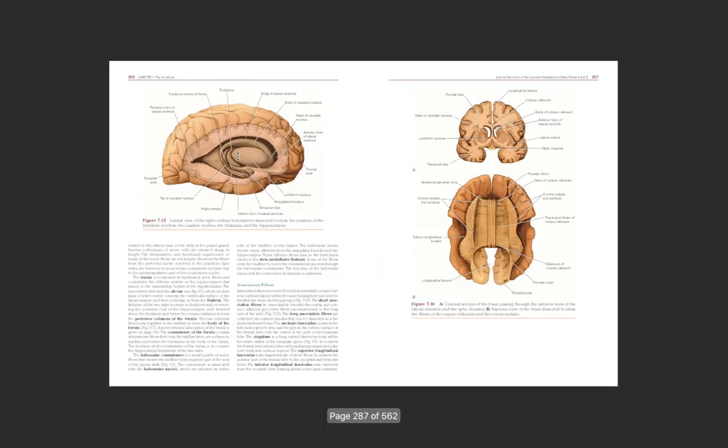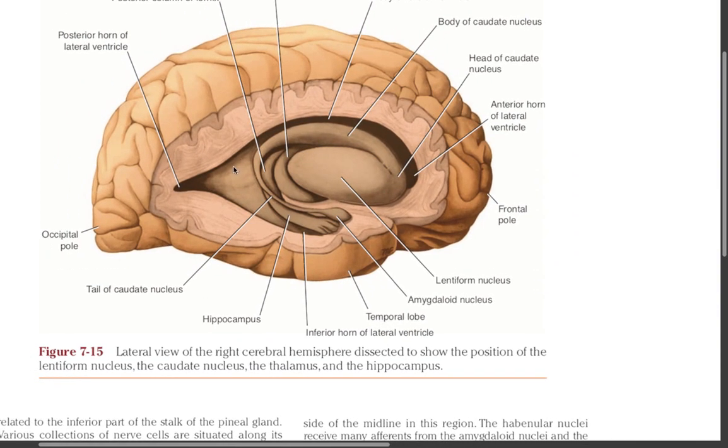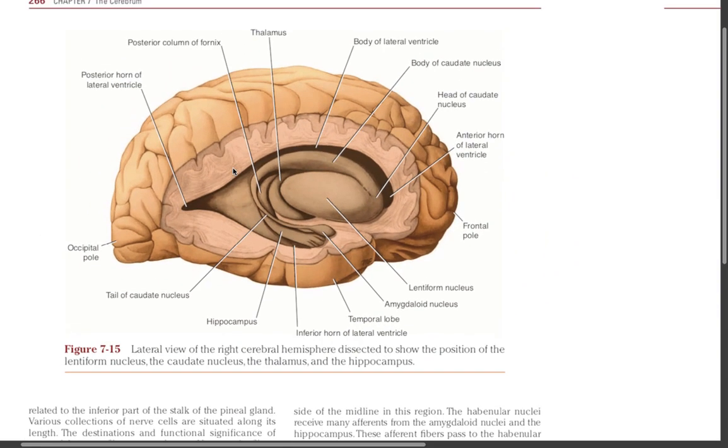If you observe this sagittal section that separates the brain into right and left, you'll be able to see this structure, and this structure is the major part of the basal nuclei. As you can see, this is the gray matter and this is the white matter, and there is also a little gray matter embedded in the white matter, which is called the basal nuclei.